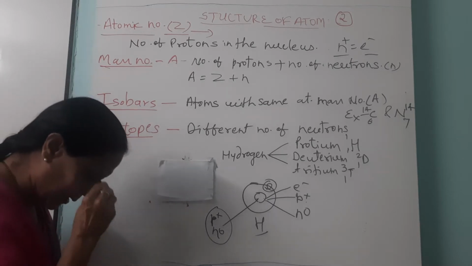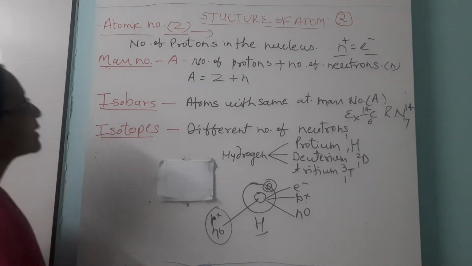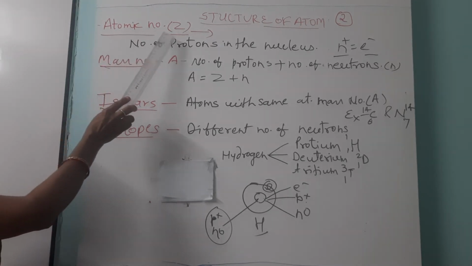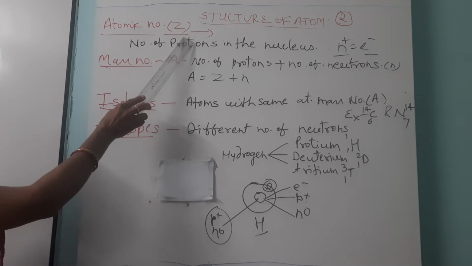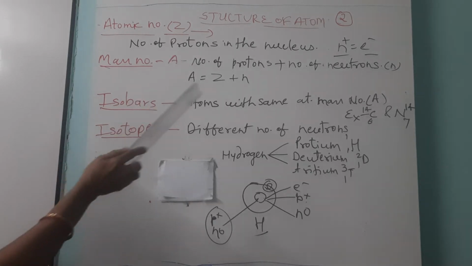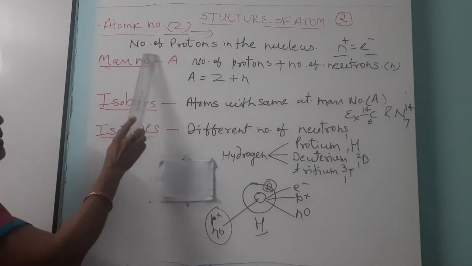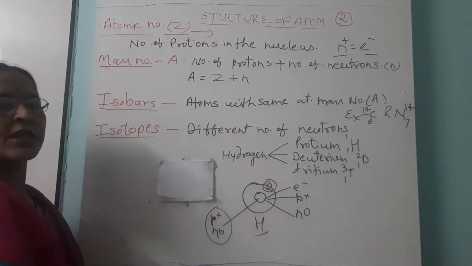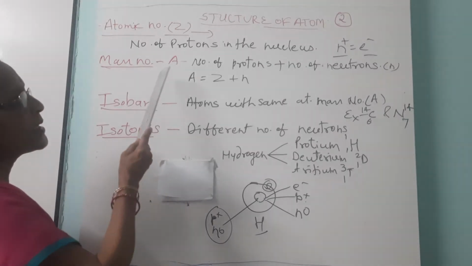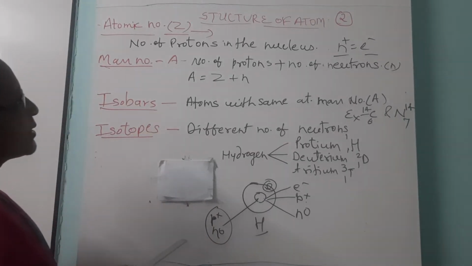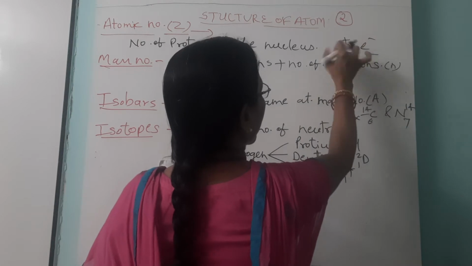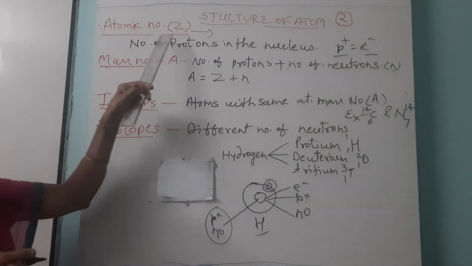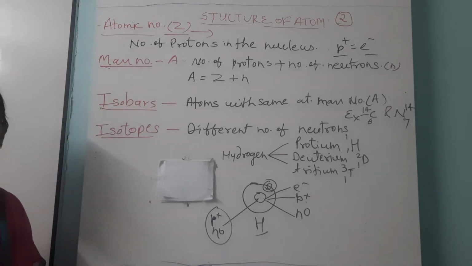Now students, the first one is atomic number, and it is represented by Z. The definition of atomic number: the number of protons present in the nucleus is known as atomic number.